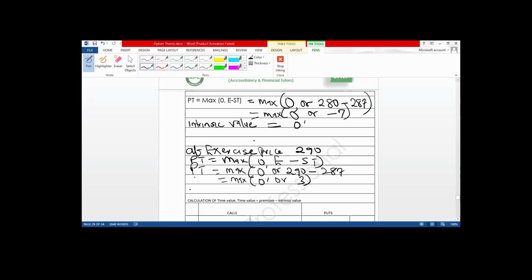In this case, intrinsic value is equal to 3. You have calculated intrinsic value.